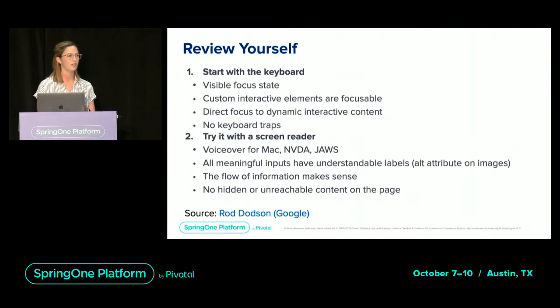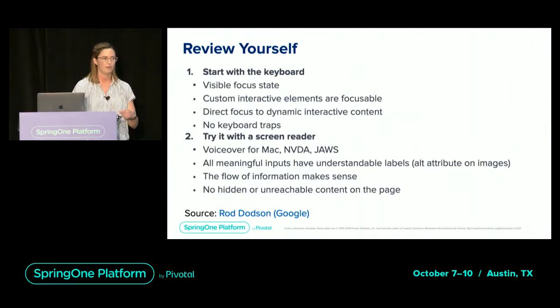When you're doing that, you should make sure that the focusable elements have a visible focus state. In Chrome, that usually looks like a fuzzy blue outline. In other browsers, it looks different. You need to make sure that custom interactive elements are focusable. That's what I meant by setting tab index to 0 on those ones.